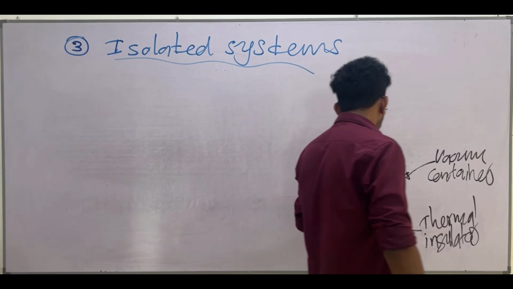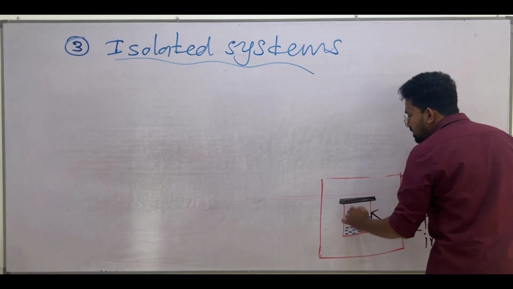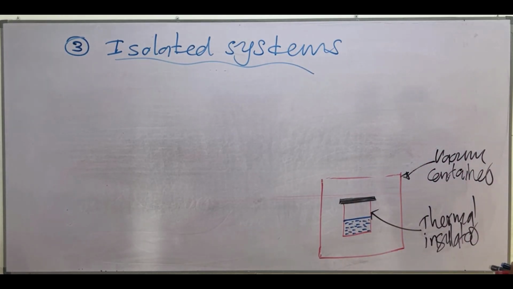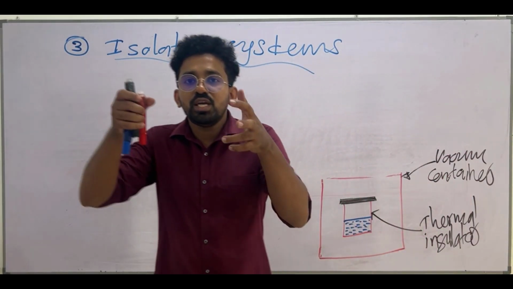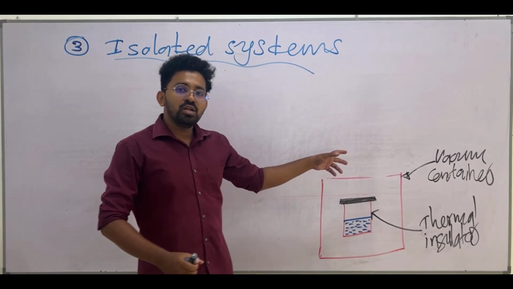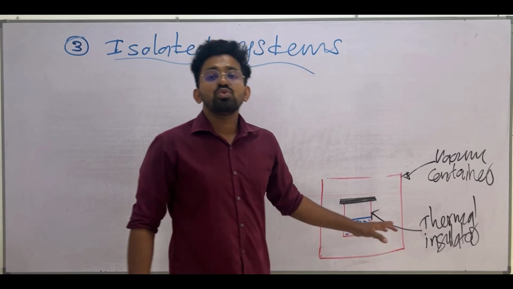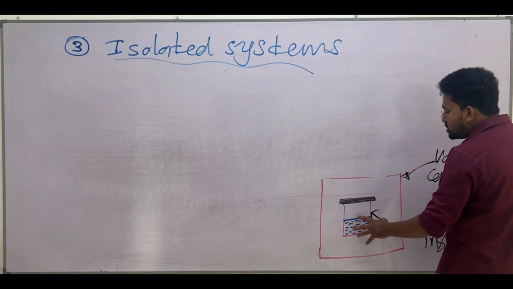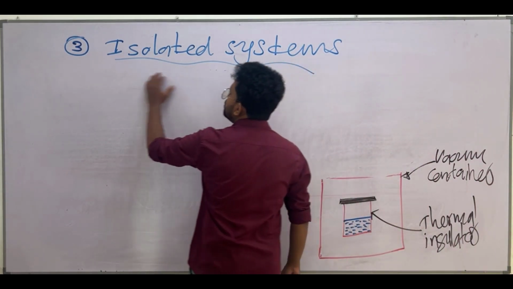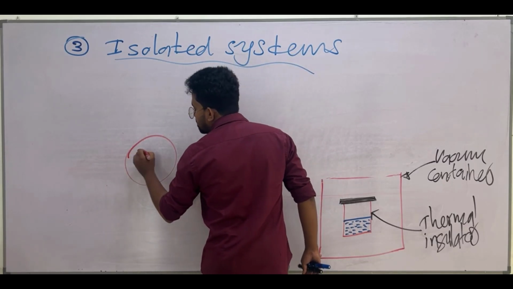Therefore, we use a thermal insulator beaker, whose surface is a thermal insulator. We close that beaker and put it inside a vacuum. In that case, energy also cannot transfer through the system. Matter cannot transfer, energy cannot transfer. We call those systems isolated systems. So here this is our system.